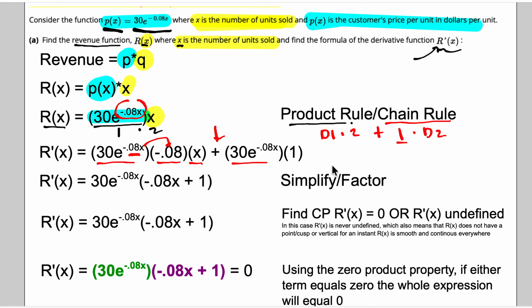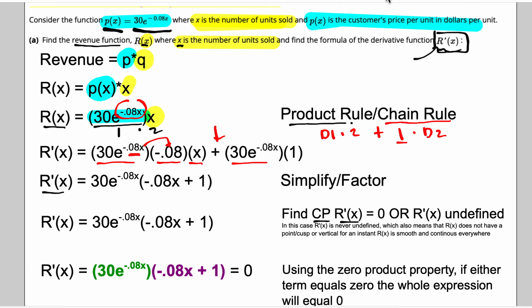So I'm going to do this by hand first, and then I'll open up Excel. So part of this question wanted us to find the max or min of this function. And so we just found the derivative of the function, r prime of x. But if we want to find a max or min, we're going to need to find all the critical points of r prime of x. So we're always going to want to try to simplify this if we can.